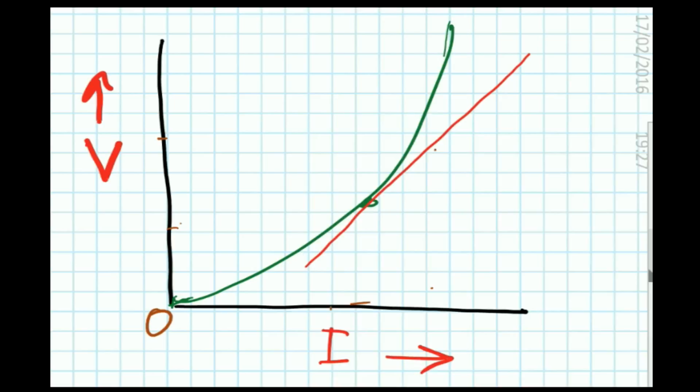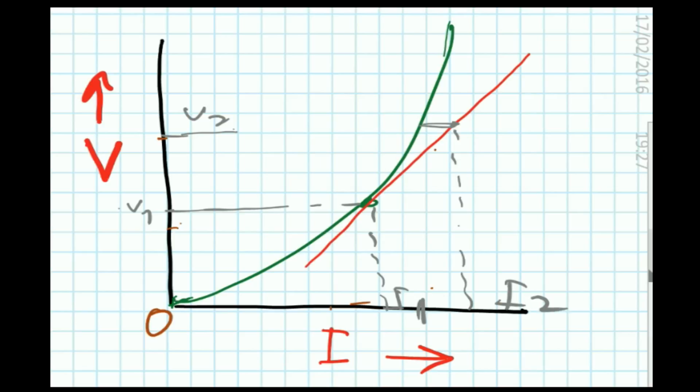I will find the first value, suppose this is V1, and at this point suppose this is V2. Similarly this is I1 and this is I2, and this is the changed value, we can say is del V, and this one is del I, right?